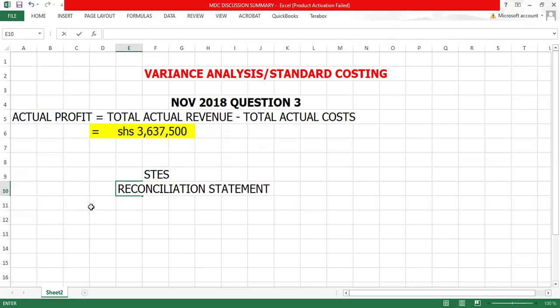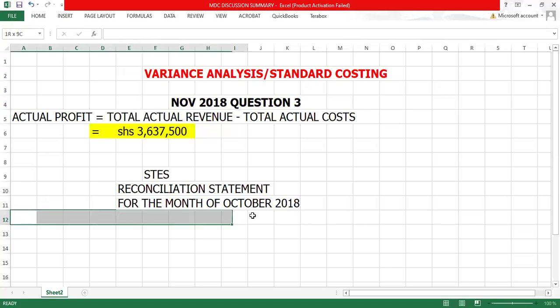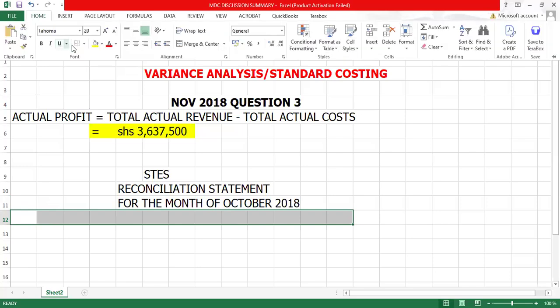Reconciliation statement for the month of what? For the month of October 2018. So you are preparing the reconciliation statement. Let me first lay the template.